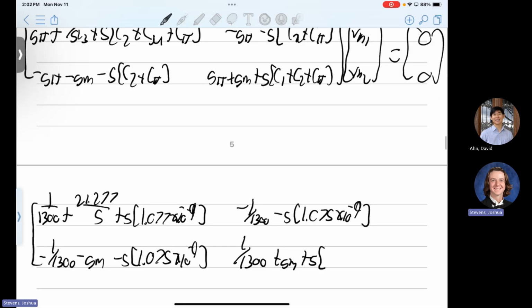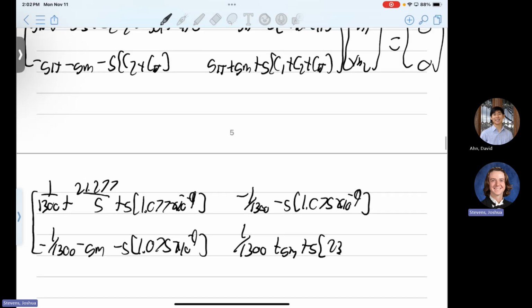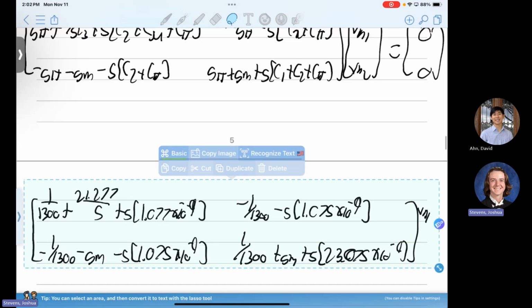All right, sorry. And this is 23.075 times 10 to the negative 9th. And this is all V in 1. Let's scoot this over a little bit.